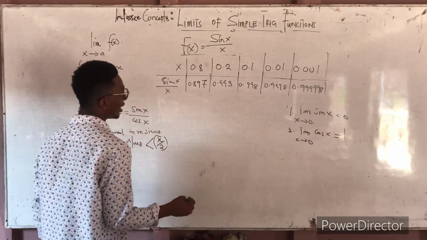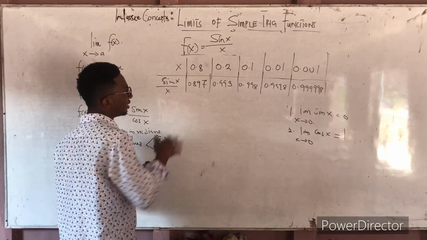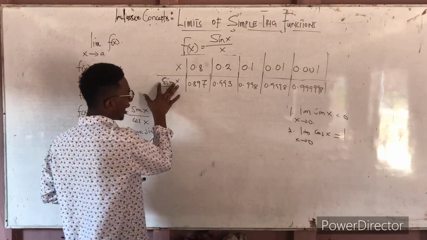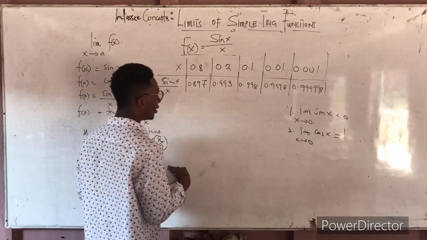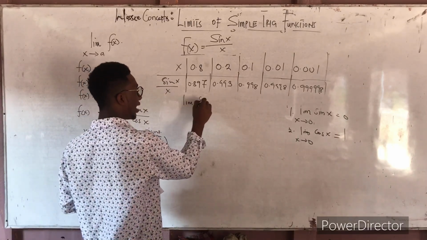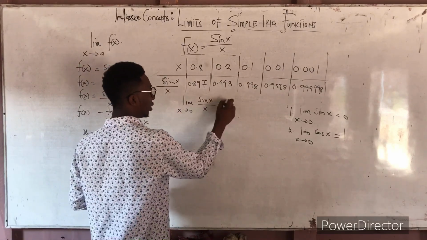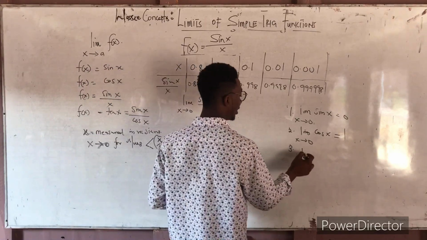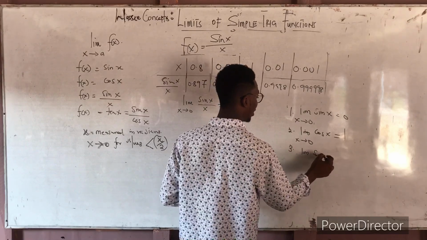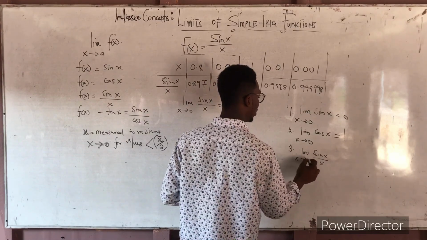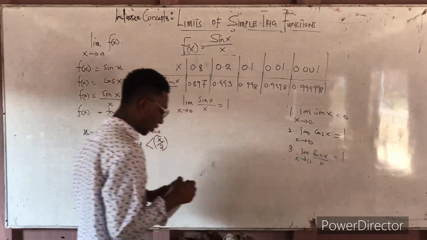So you also realize that as x approaches 0, the function sin x on x approaches 1. Therefore the limit of sin x on x as x approaches 0 is 1. So the third thing here is that the limit of sin x on x as x approaches 0 gives you 1.